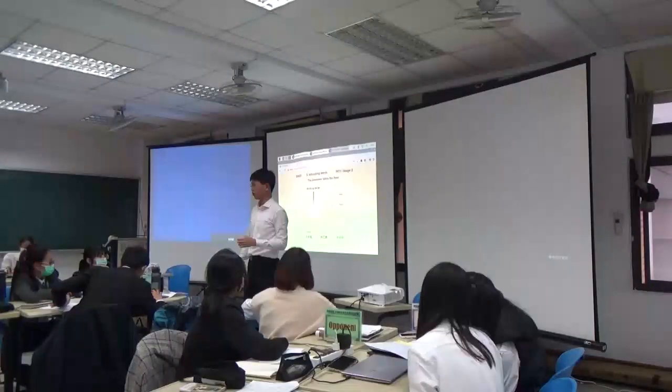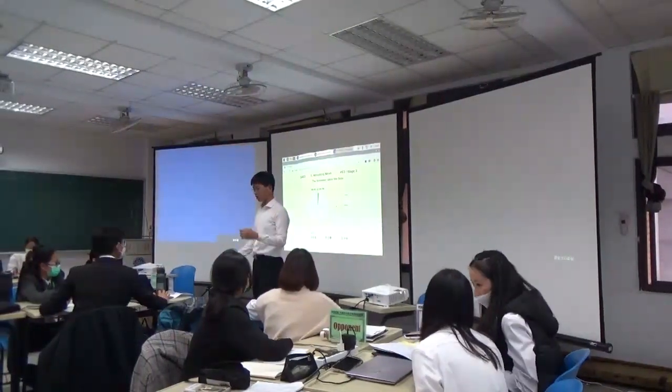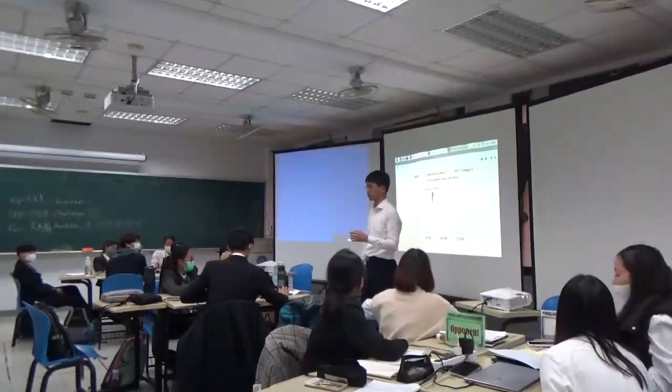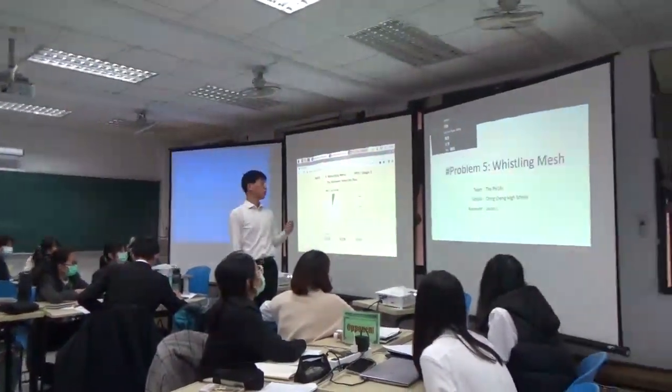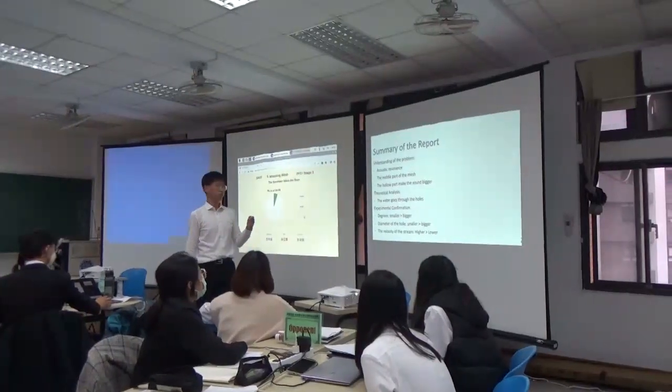So, honorable juries and fellow commentators, I'm the reviewer Jason Lee from the Physics Institute High School. And I'm going to review problem number 5. So here's the summary of the report.